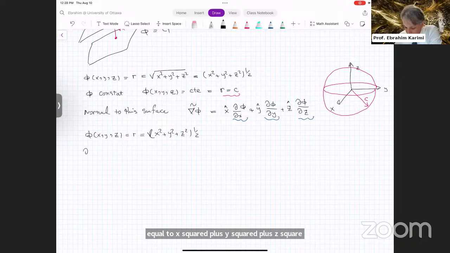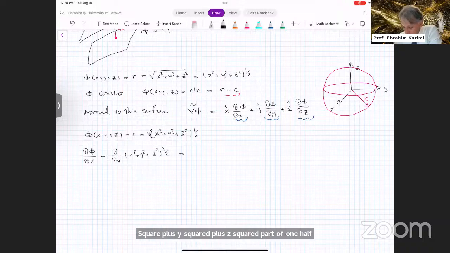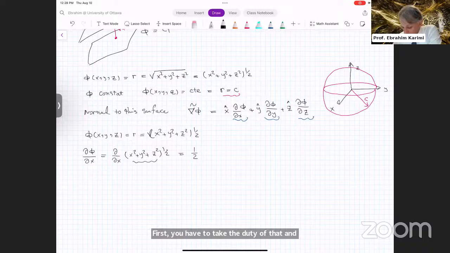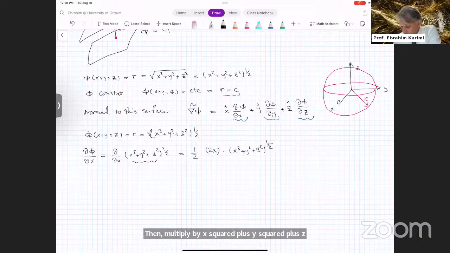Then I'm looking at the derivative of phi with respect to x, which means I have to take the derivative of (x squared plus y squared plus z squared) to the power of 1/2. If you take this derivative, the result will be 1/2 first, then taking the derivative inside, which will be 2x, multiplied by (x squared plus y squared plus z squared) to the power of 1/2 minus 1.